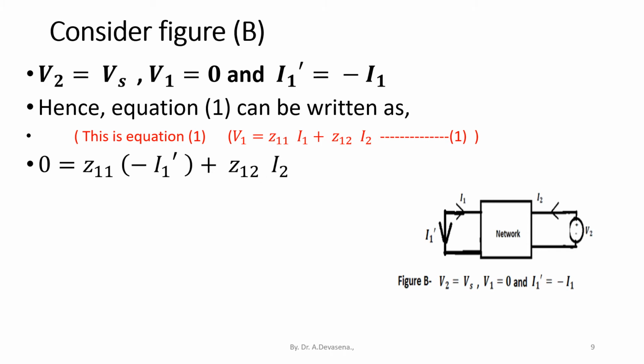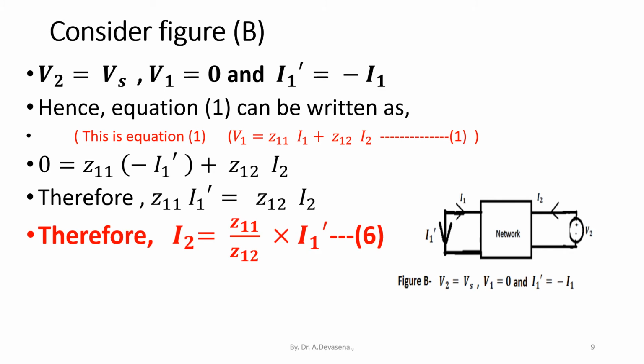So, if you are going to substitute the values of V2 is equal to Vs, V1 is equal to 0 and I1' is equal to minus I1 in equation 1, the equation 1 becomes 0 is equal to Z11 I1' plus Z12 I2, that is Z11 I1' is equal to Z12 I2.